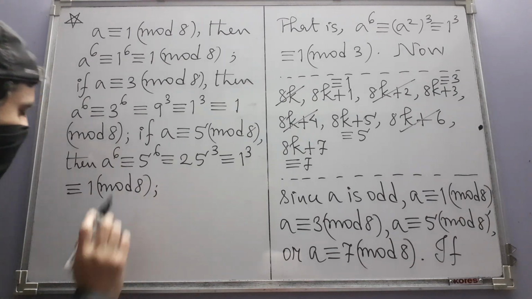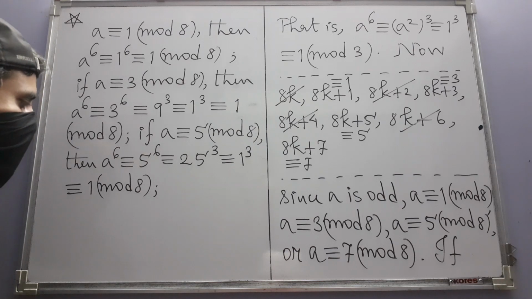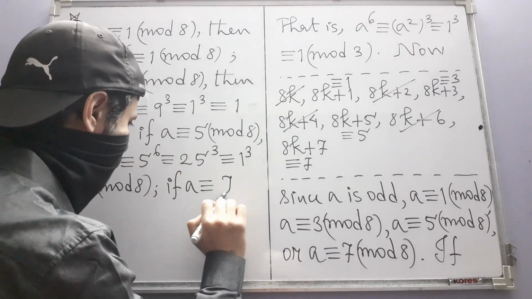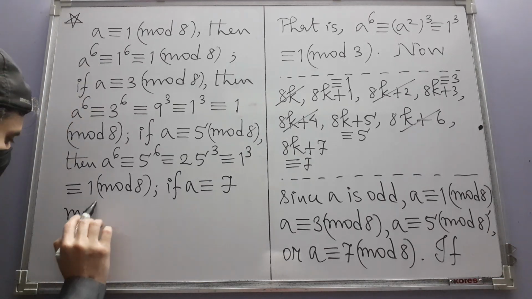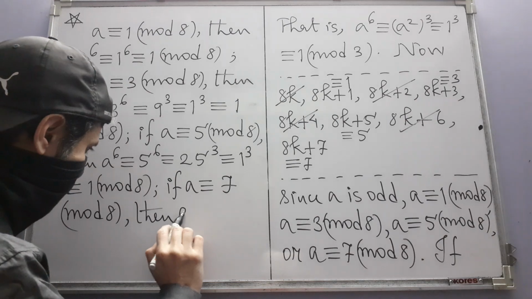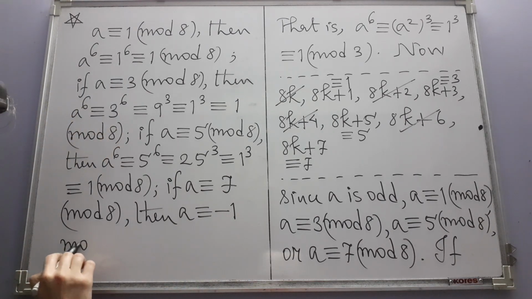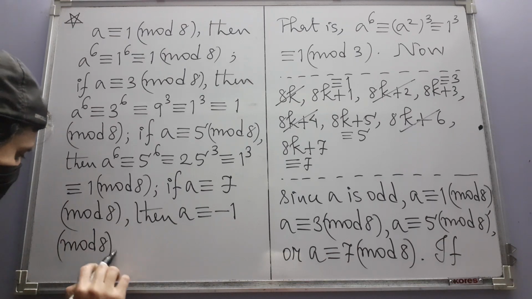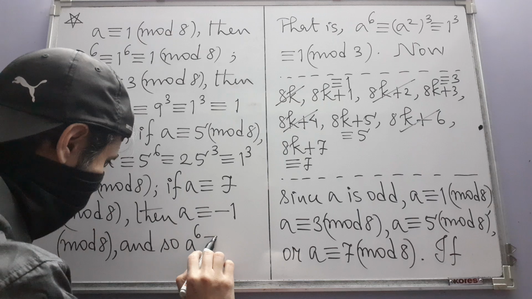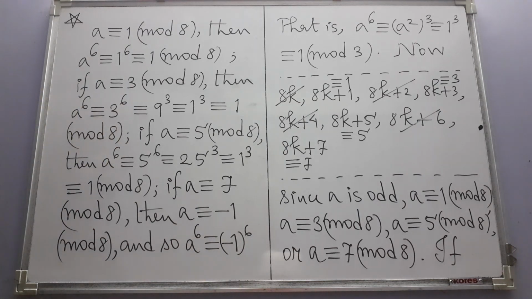And for the last one, you don't even have to consider the sixth power of 7. If A is congruent to 7 mod 8, then luckily A is also congruent to minus 1 mod 8. And so A to the power 6 is congruent to this, which is again 1.